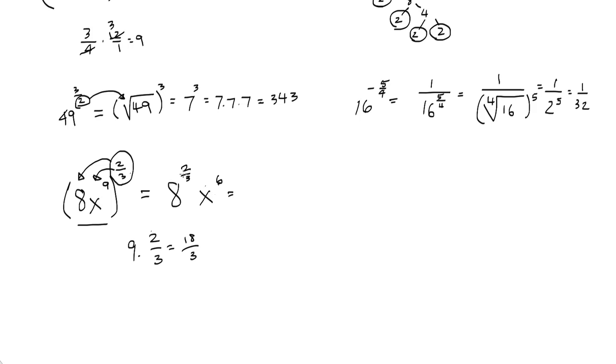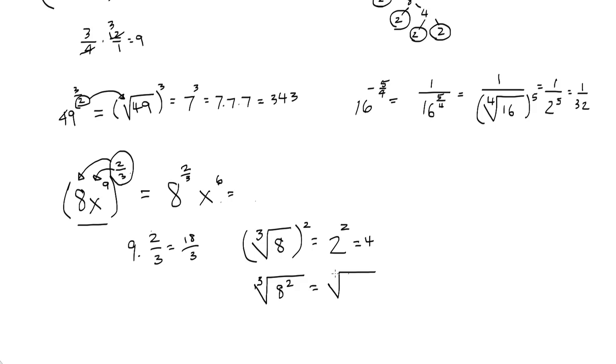There's a 6. So the only thing I have left to do is figure out what 8 to the 2/3 is. All right? So that's 8. We're taking the cube root, and we are squaring it. Cube root of 8, 2 times 2 times 2 is 2, squared is 4. Remember, while I'm talking about it, that you could also write this 8 to the 2/3 power as the cube root of 8 squared.